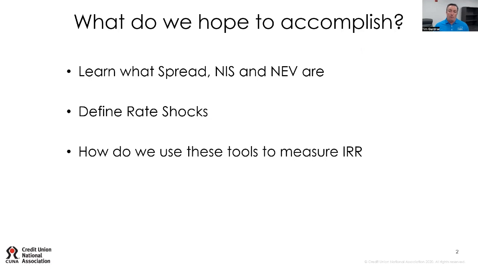The interesting thing for me is that the federal examiners from the NCUA and state examiners want to focus on a rising rate environment. So for a lot of credit unions, our ALM reports speak to that plus 300 basis point, rapidly rising environment.